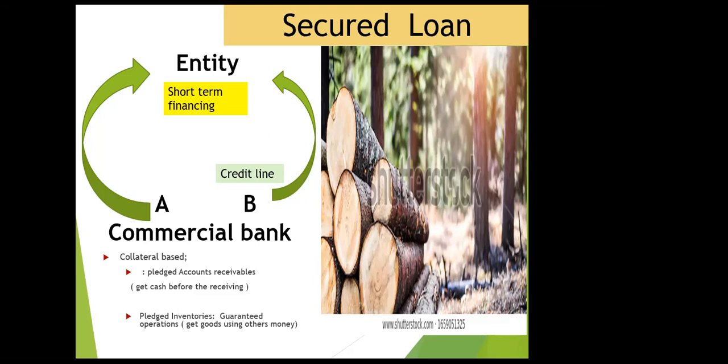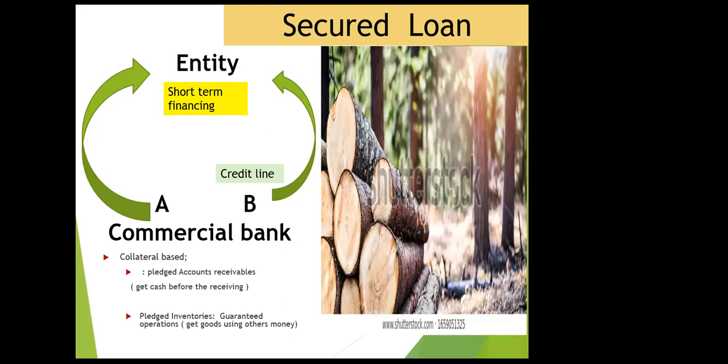So this short-term secured financing comes in handy in the aspect that it enables you to have the funding that you ideally would not have if you had to sell in the market or wait for the payments to come from those who bought goods on credit from the entity.